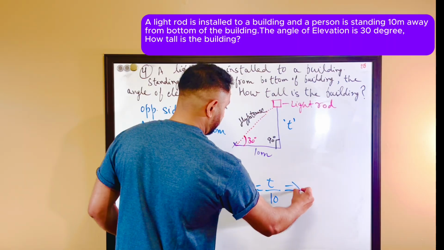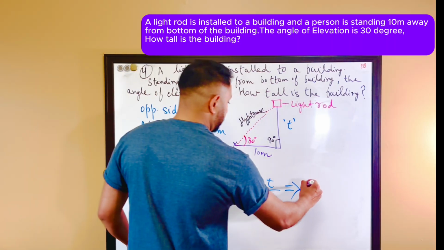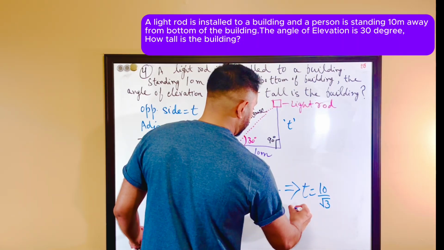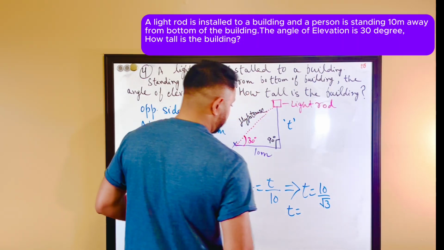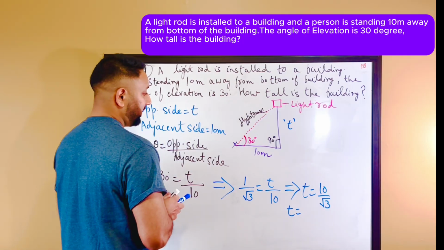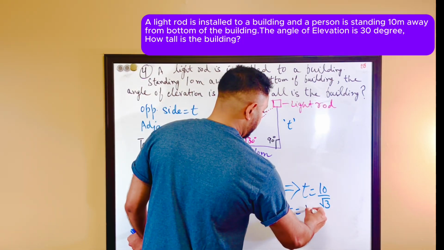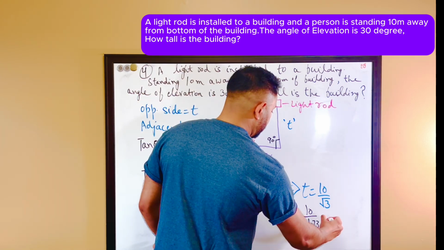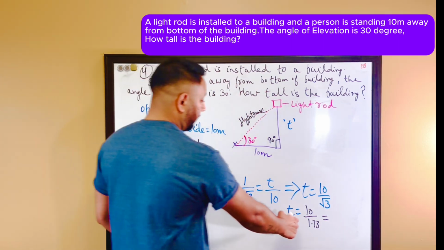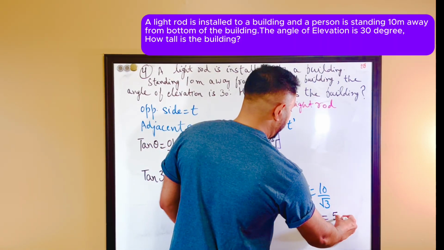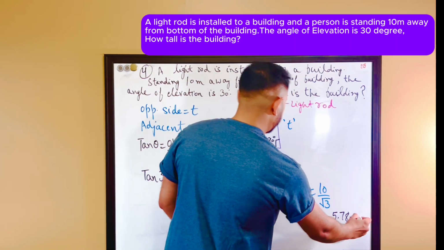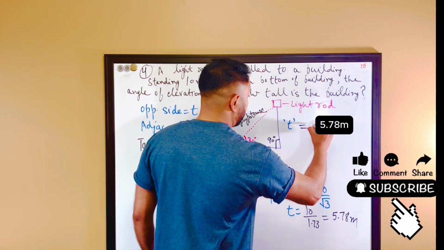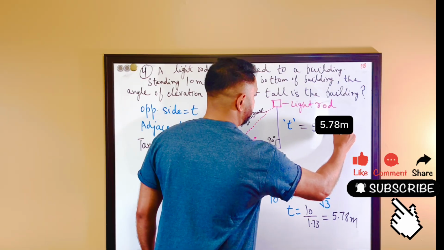So t is equal to 10 by under root 3. So t is equal to 10 over 1.73, which is 5.78 meter. So that means the height of the building is 5.78 meter.